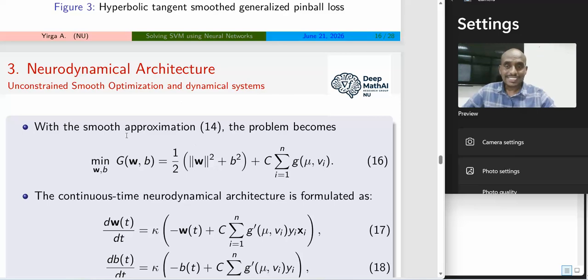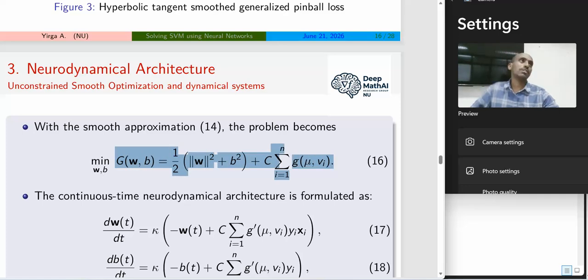So with this approximation, our generalized pinball loss optimization problem is changed by the smooth generalized pinball loss. Here, G of mu v_i is the smooth generalized pinball loss. So our objective function G is now a smooth function.